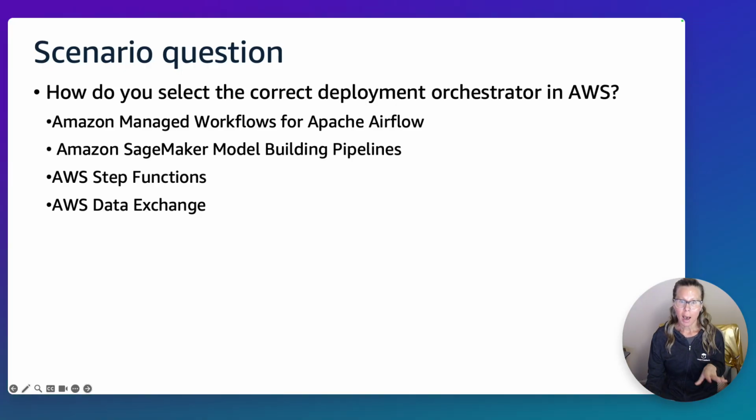Let's say you have existing infrastructure. How do you select the correct deployment orchestrator in AWS? One solution is to use Amazon Managed Workflows for Apache Airflow, which is a managed orchestration service for Apache Airflow that you can use to set up and operate data pipelines in AWS.